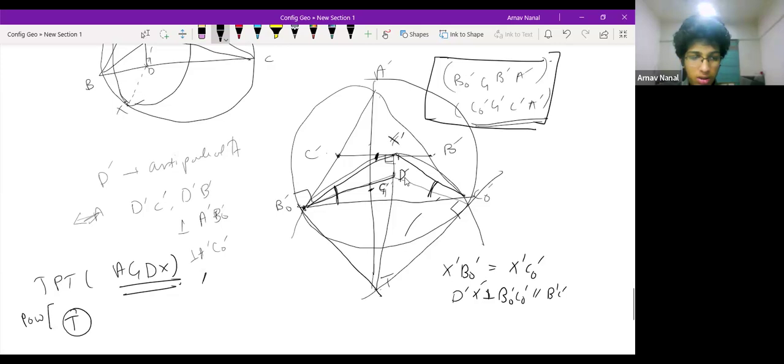So you need to now calculate powers with respect to T. Introduce some other point, and then it's nice.